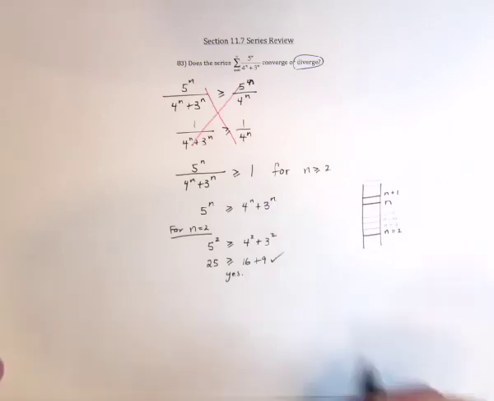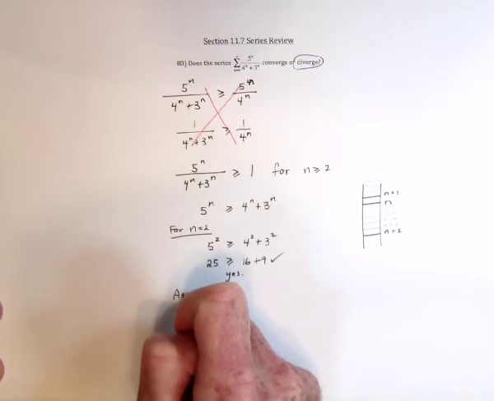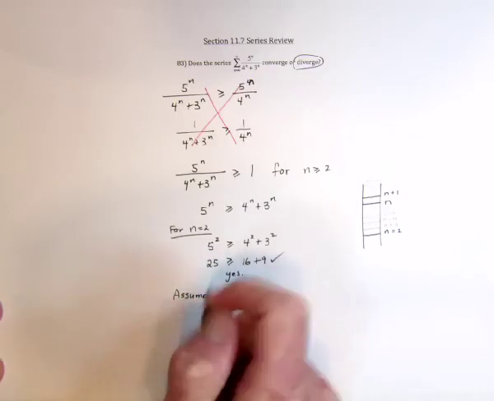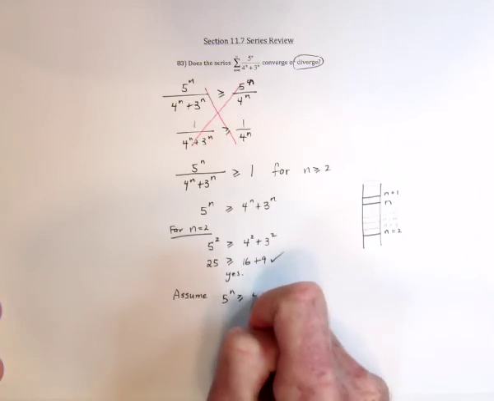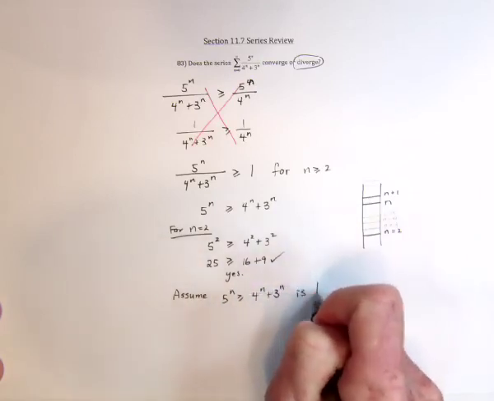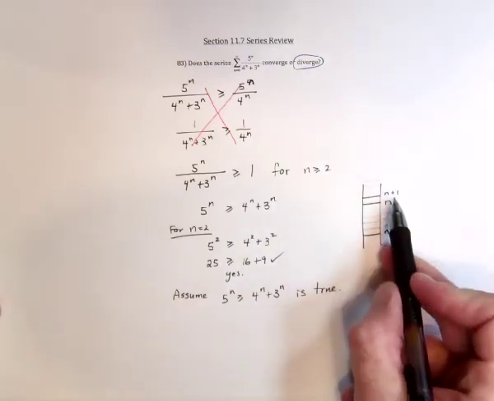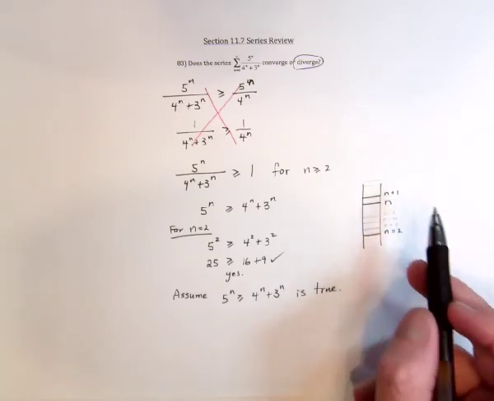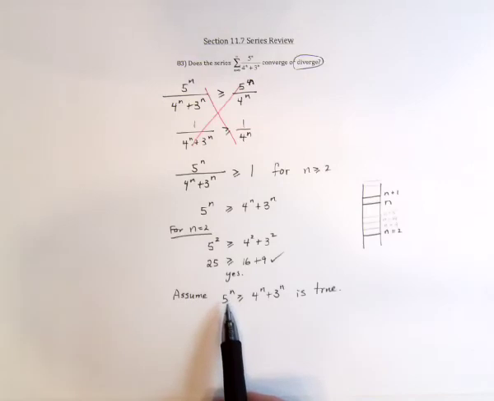So the next part is assume that it's true at level n, I now have to prove that it's true when the n's become n plus 1s. So in order to get this to be 5 to the n plus 1, just multiply both sides by 5.